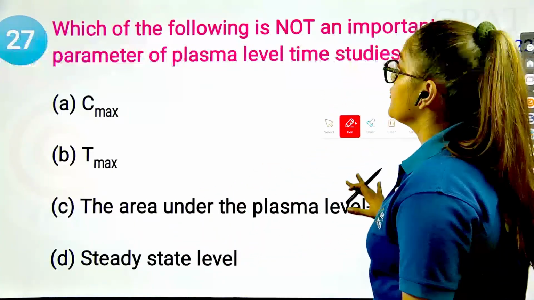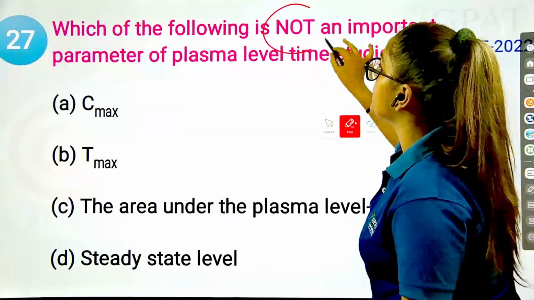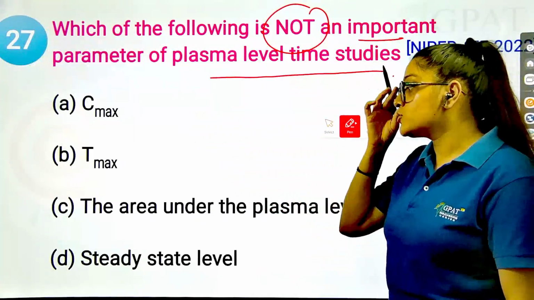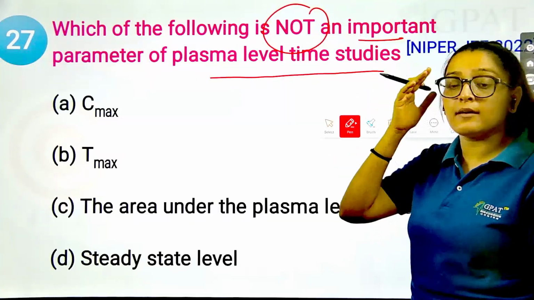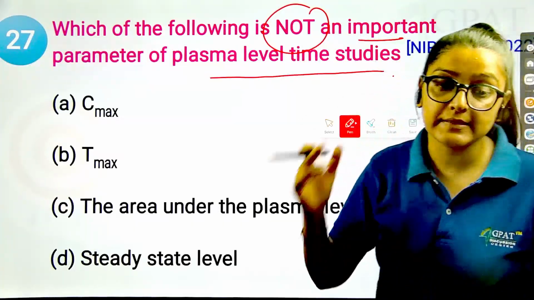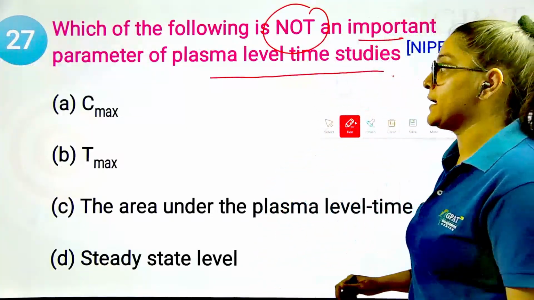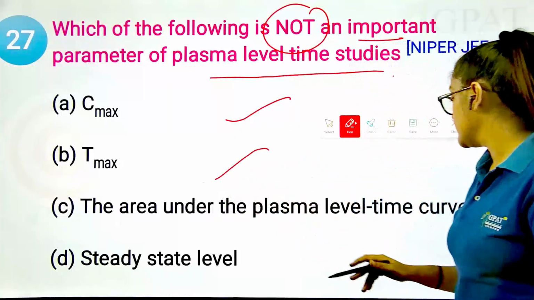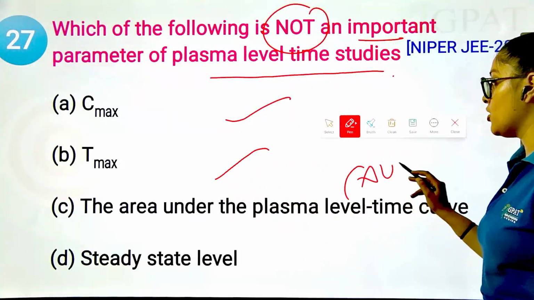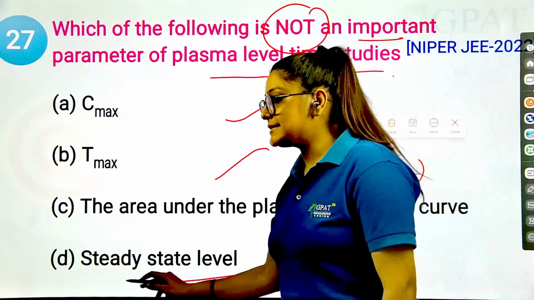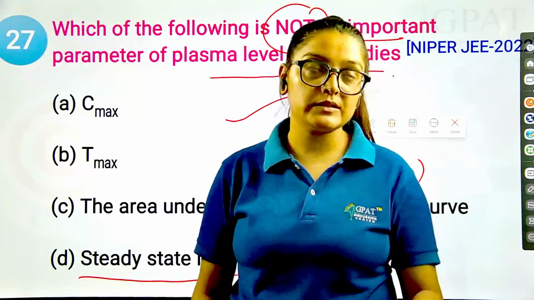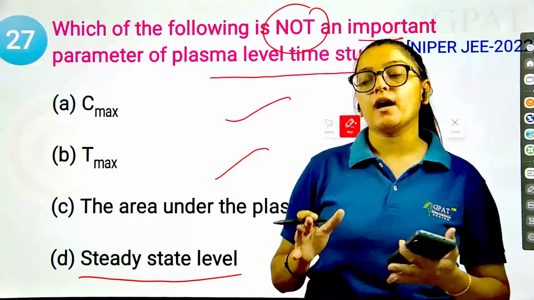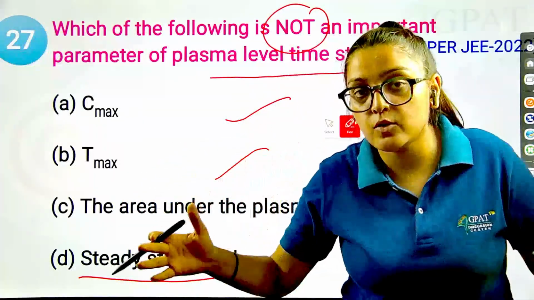Okay. Next, which of the following is not an important parameter for plasma time level studies? Once you are doing plasma level studies, which of the following is not an important parameter? Cmax, definitely it is important. Tmax, then it says AUC or steady state. Steady state is achieved once the infusion rate and the elimination rate are equal, right?